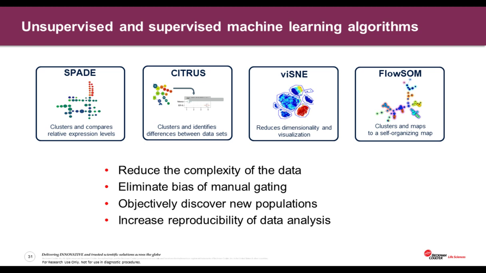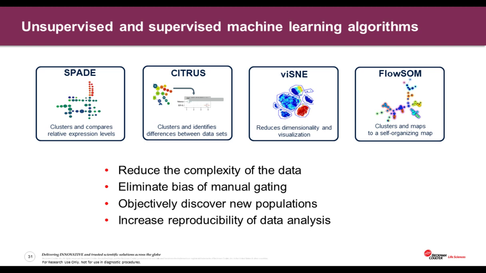So if we are comparing one treatment to a different treatment, we can clearly see differences that come without the bias of gating that we initially saw from the biplots. Or we could utilize a clustering map and identify populations of interest that can then be even further segregated down to understand relative expression levels.